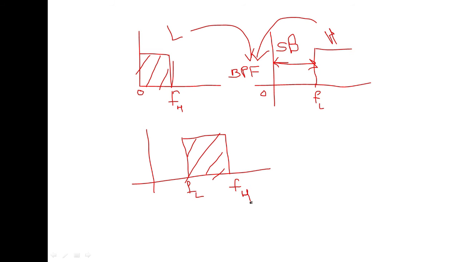So when we design what is called the band pass filter, only for FL to FH your circuit is not attenuated, means in the pass band only FL to FH the signal is allowed to pass through the circuitry, and it comes at the output of the system, which is called the band pass filter.